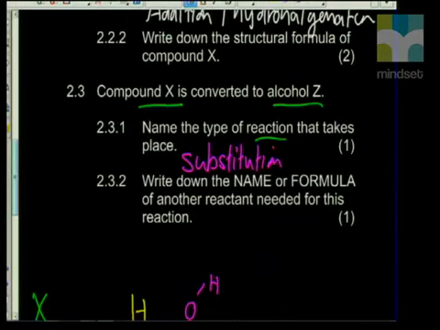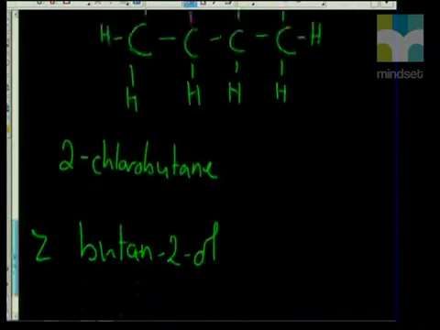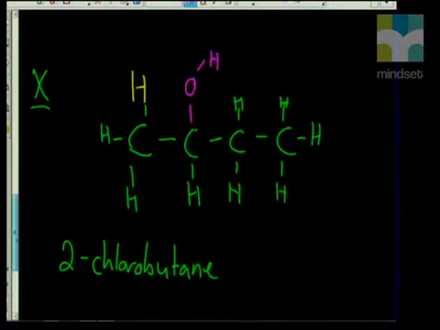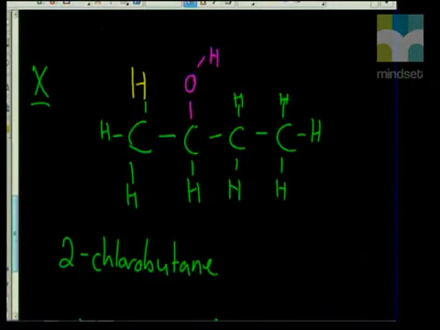So we've dealt with addition, we've dealt with substitution, and it now says just write down the name or formula of another reactant needed for this process. So if I'm going to make this happen, I'm going to start with my X, and I want to get something in that's going to give me an OH.